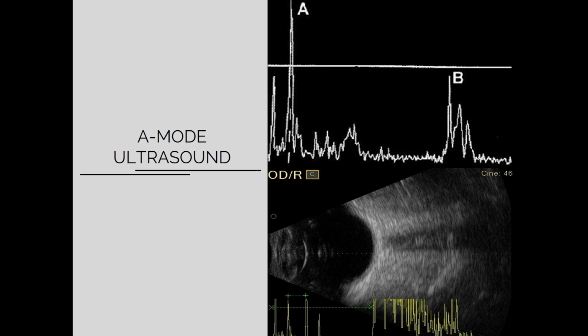A mode ultrasound is not very frequently used. As you can see here in this slide, it may be used to check the diameter of the eyeball, for example, or to check the size of the lens. So that is basically used for measurement of the size, okay?